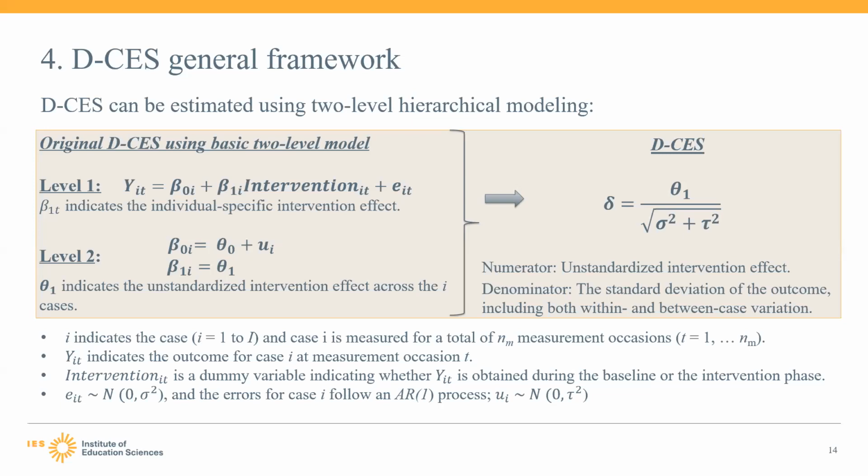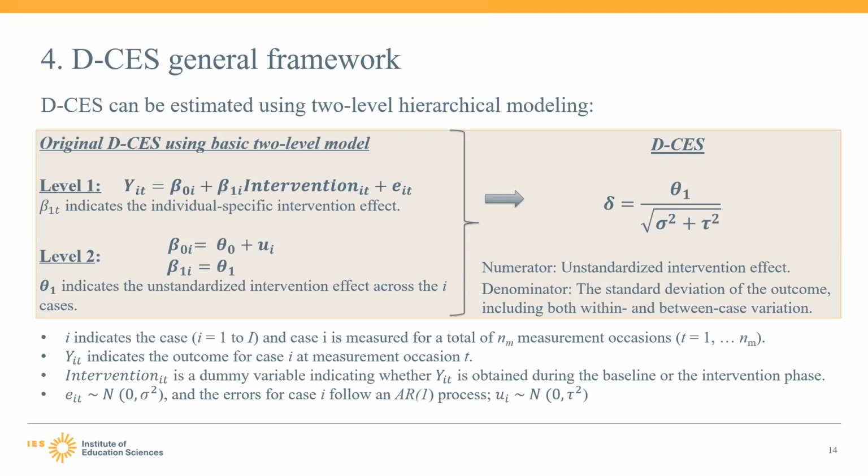Under the assumptions of this hierarchical model, the design comparable effect size parameter, indicated by delta in the equation on the right-hand side, is defined as the unstandardized intervention effect across cases, so theta 1, divided by the square root of the within case variance, sigma squared, plus the between case variance, tau squared.